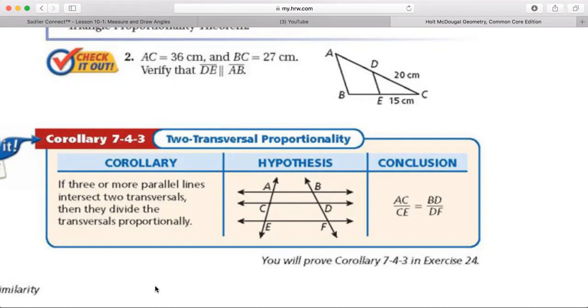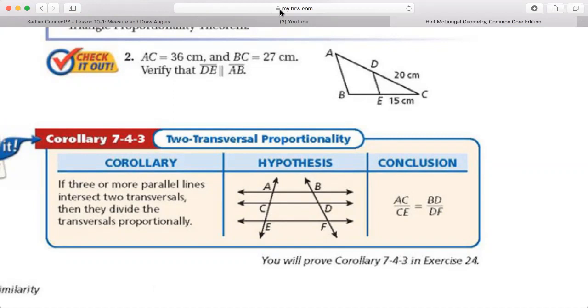Again, I'm going to read it. If three or more parallel lines like AB and CD and EF intersect two transversals like AE and BF.